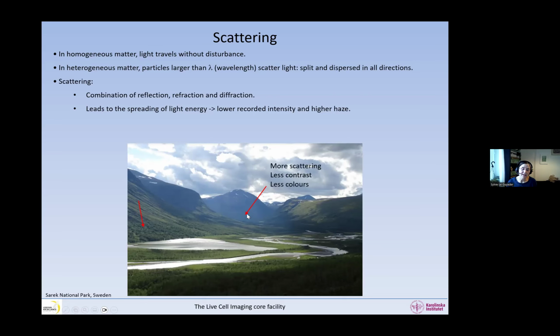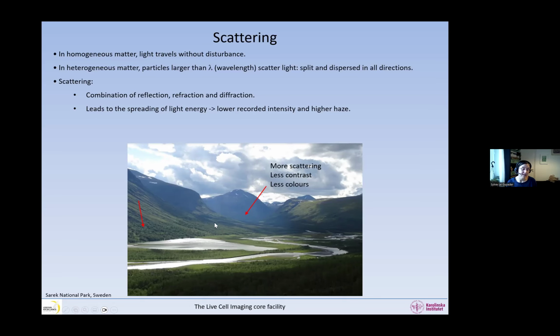Between me, taking the picture, and this mountain, there is more air, and this air contains water particles, dust particles, lots of things that will scatter the light. So when it reaches me, I have more scattering, and therefore I have less contrast and less colors.